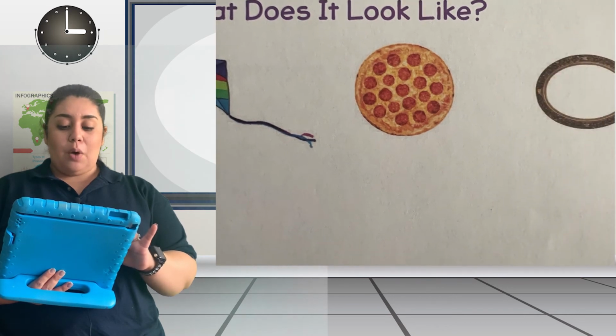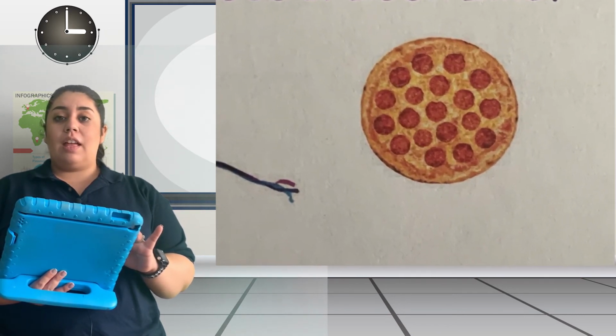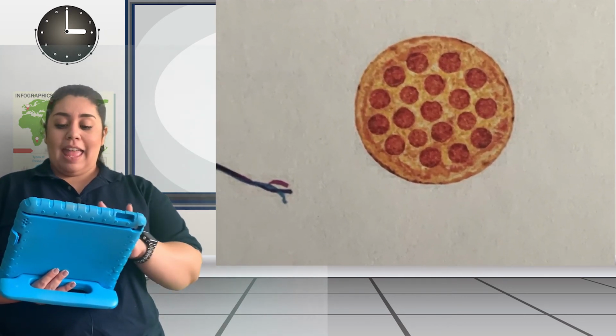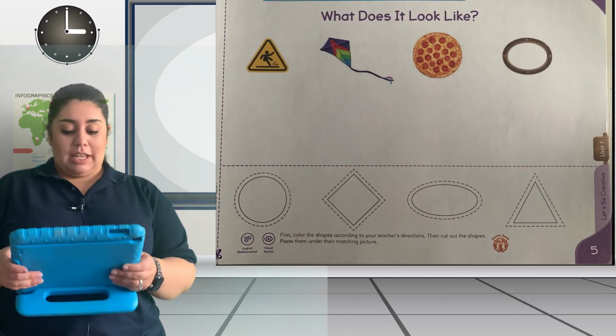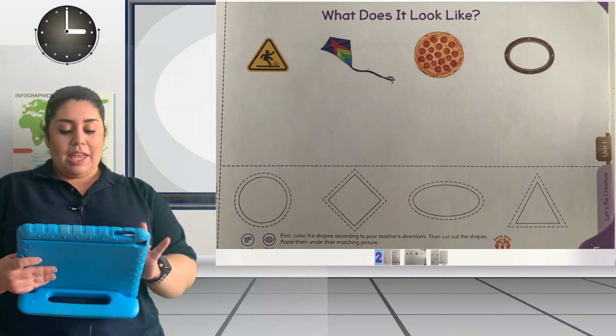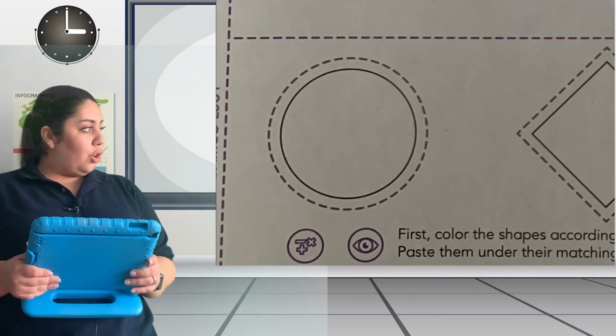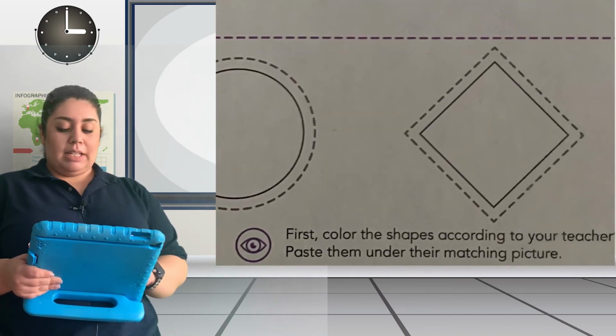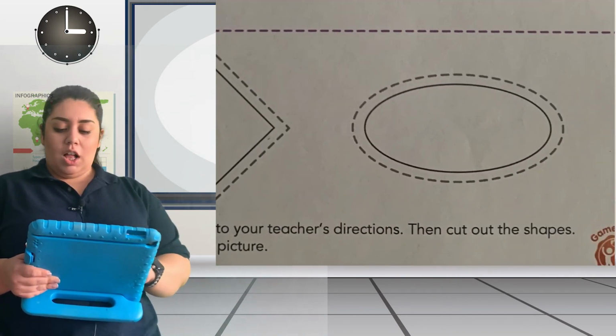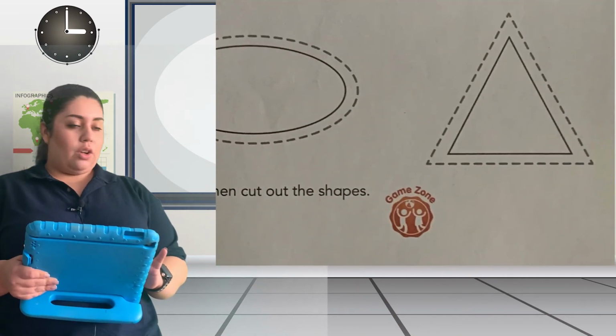A pizza with the shape of a circle. And this mirror with the shape of an oval. Very good. And as you see here, we have some shapes. We have circle, diamond, oval, and triangle.